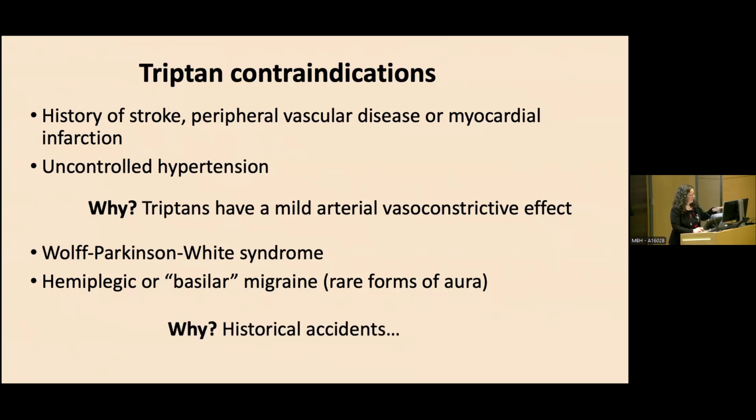These ones are here really out of historical accidents. I mentioned with the Wolff-Parkinson-White that was in the registration trial, actually for zolmitriptan, but got a bit generalized. And then we used to think that hemiplegic migraine and basilar migraine were more arterial types of migraine, but they're really not. So this is just a historic accident that people with this form of aura were excluded from the safety trials.